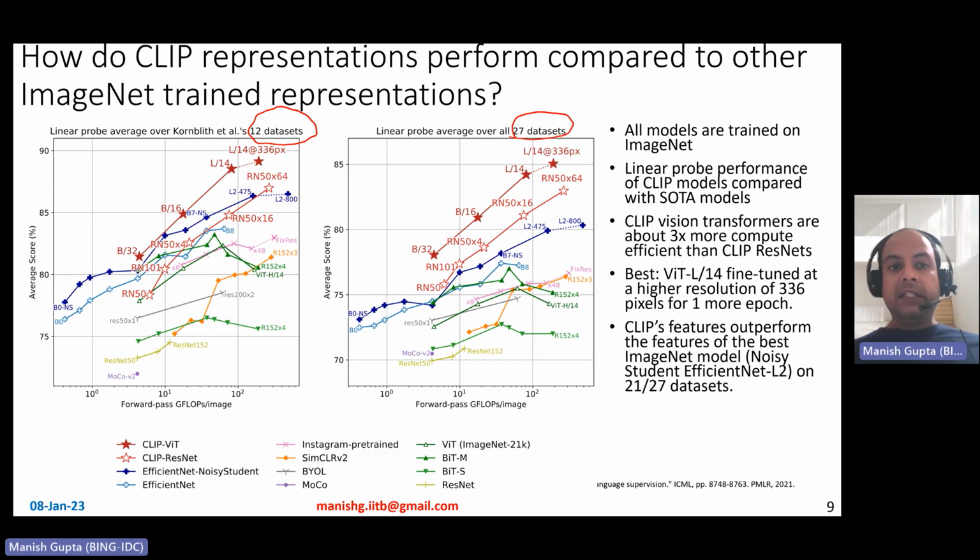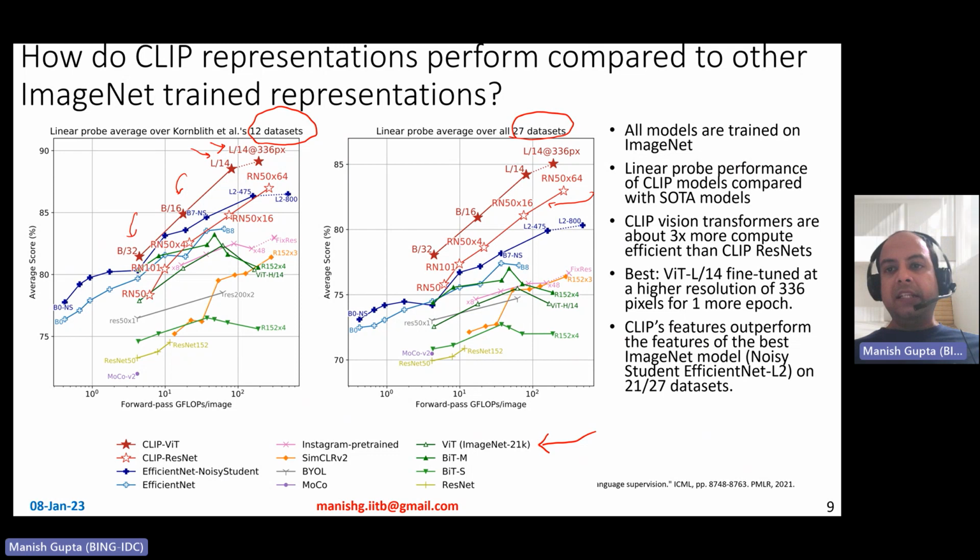The interesting part is that there are different models being shown here, and the ones with these stars right at the top are the CLIP models. They are all CLIP models, and they are vision transformer based CLIP models, while what you see here is ResNet style CLIP models.